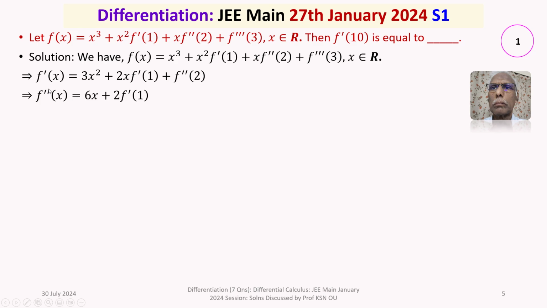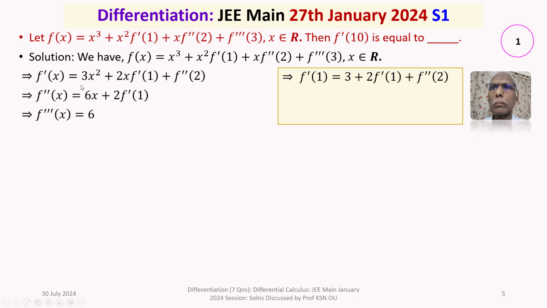You will get f double prime x is equal to 6x plus 2 times f prime 1. Differentiate once again. f triple prime x is equal to 6. Right. Now we take the first equation, f prime x is equal to 3x square plus 2x into f prime 1 plus f double prime 2.